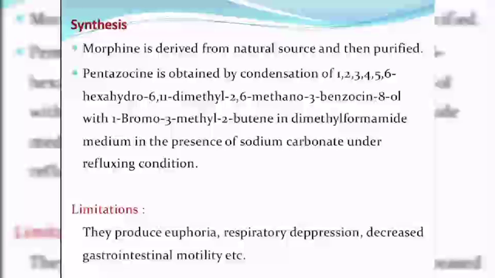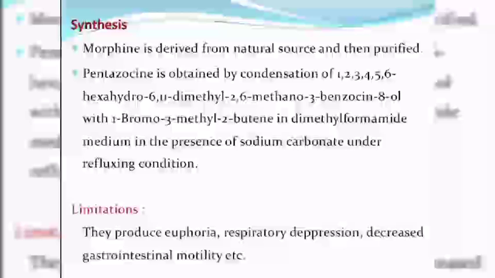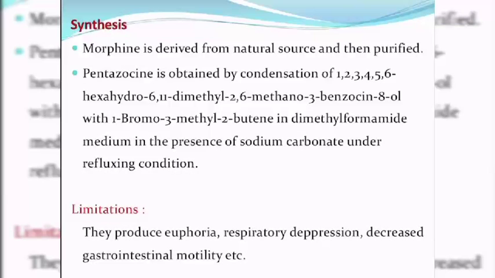Now let us see what the side effects of these narcotic drugs are. Obviously side effects will be there. The narcotic analgesics produce euphoria, an emotional and mental state defined as a sense of great happiness and well-being.